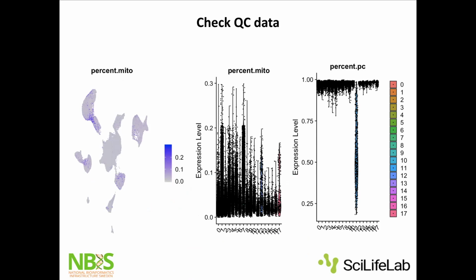Or maybe we have a few clusters here with high percent mitochondria. Does it make sense? Is it cell types that are known to have more mitochondria, or is this also a technical artifact? So always after doing clustering, do these violin plots with your different QC stats, see if it agrees with what you believe, or is it some technical artifact that is causing these clusters to form?